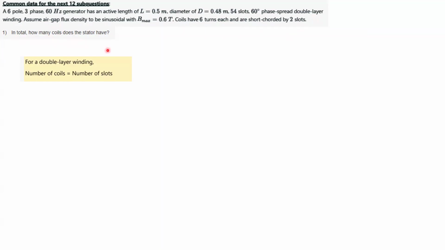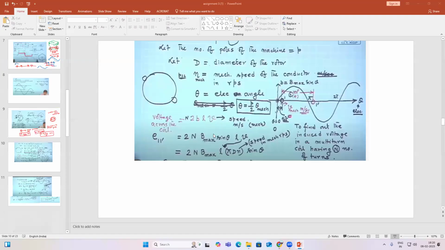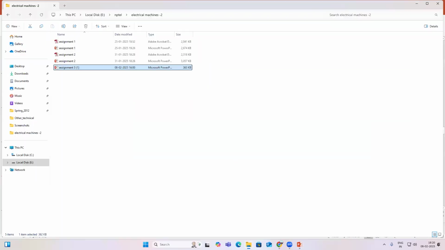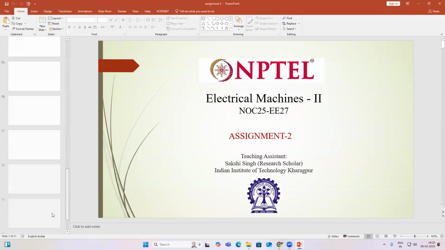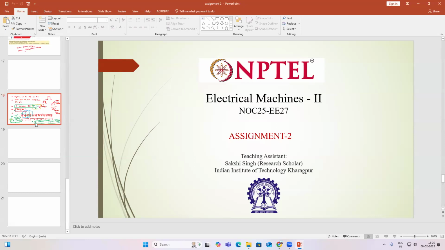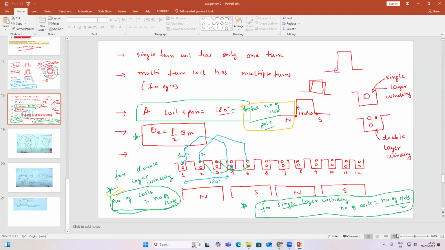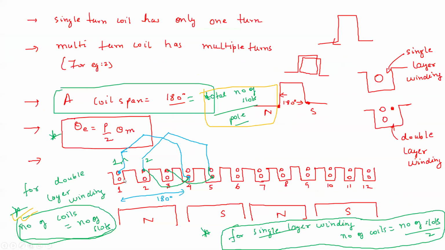I discussed this in my last class, but I will show it to you again for people who did not see that. In the last class, as I was saying, a double layer winding can accommodate two coil sides in one slot.